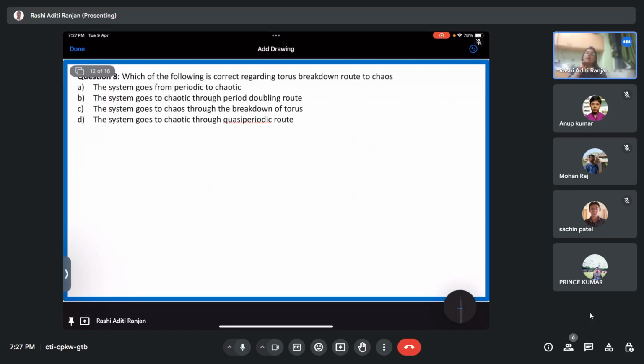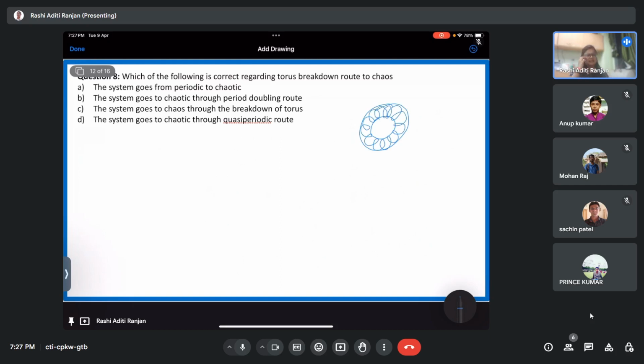Now coming on to question number 8, which says: which of the following is correct regarding torus breakdown route to chaos. When I talk about torus breakdown, firstly, what is a torus? If you remember, a torus is something like I have this circle and another concentric circle, and then something like this.